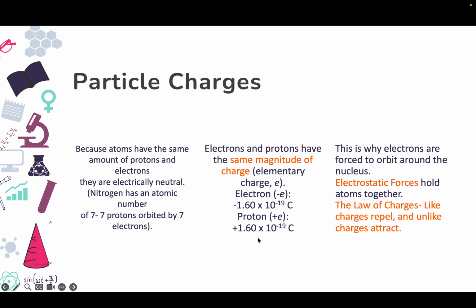For the proton, since it's positively charged, its value is positive 1.6 times 10 to the negative 19 coulomb. That is why electrons are forced to orbit around the nucleus, and it is electrostatic force that holds the atoms together.